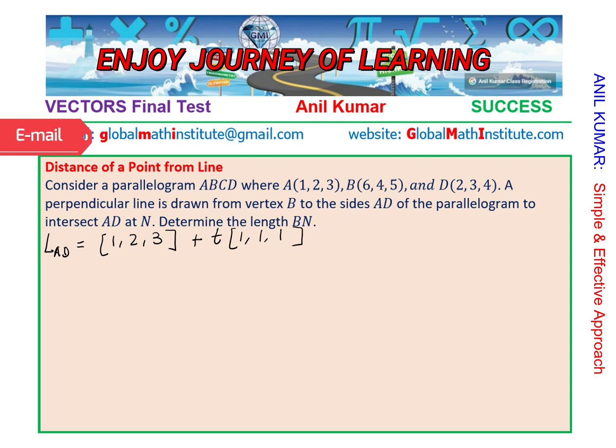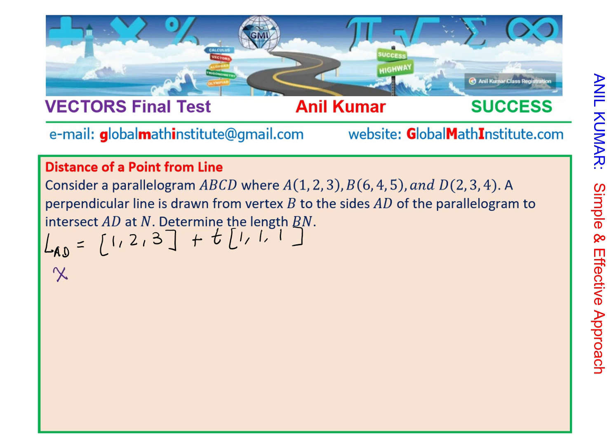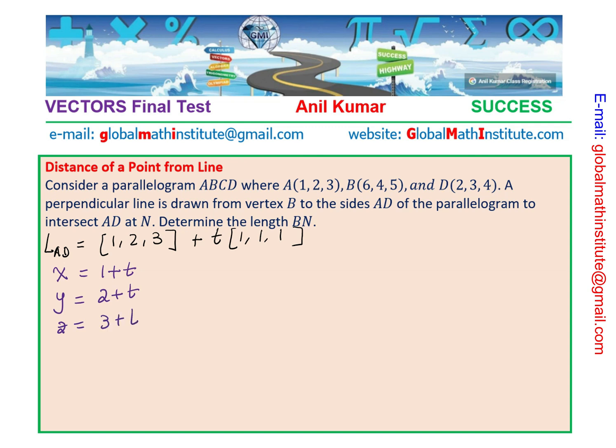Now, from here, we can get the coordinate points. So the x value is 1 plus t, the y value is 2 plus t, and the z coordinate value is 3 plus t. Simple. Now, we need to find the distance from B, right?